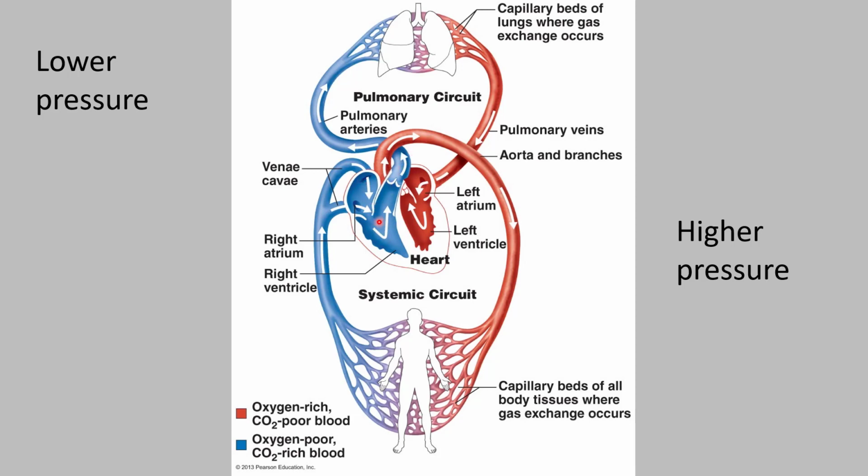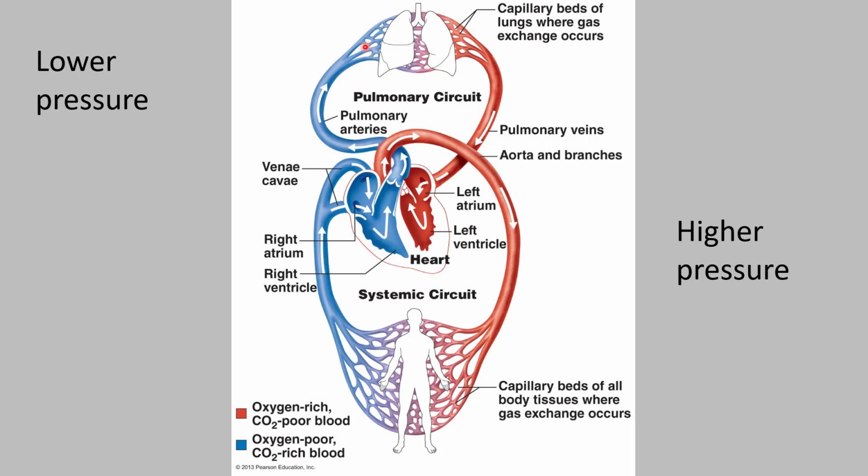So the right side of the heart is deoxygenated. The left side of the heart, though, we can see it's red, and that's because it's high in oxygen, or we say it is oxygenated. The left side of the heart is red, it carries oxygenated blood. The right side of the heart is blue, it carries deoxygenated blood.